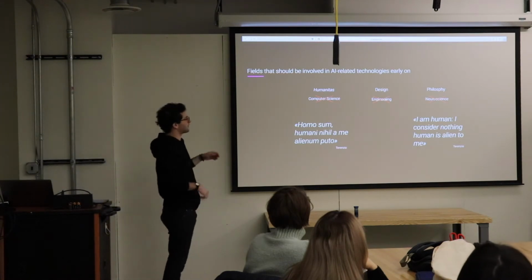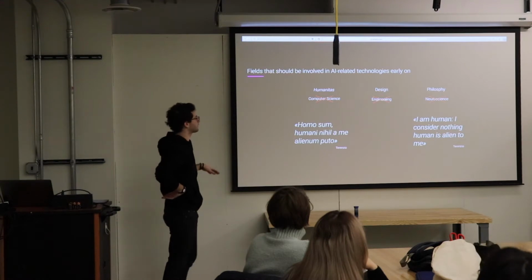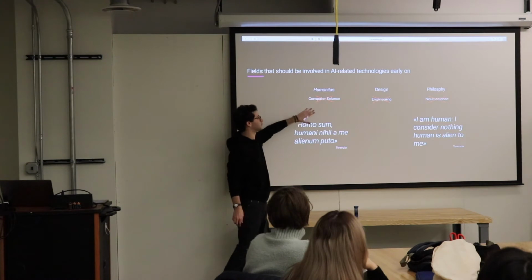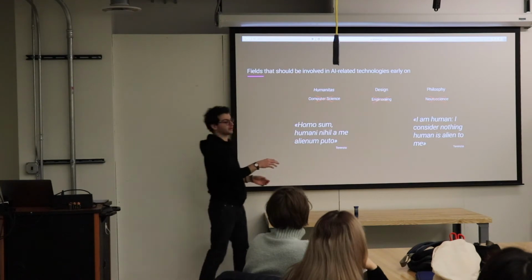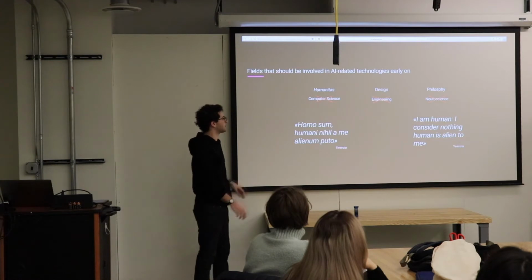For me, these are the fields that should be involved in AI-related technologies early on. But I wouldn't want the traditional fields to be completely swept away, because these fields should only empower the traditional ones, which are computer science, engineering, and neuroscience. They're not completely eliminated.